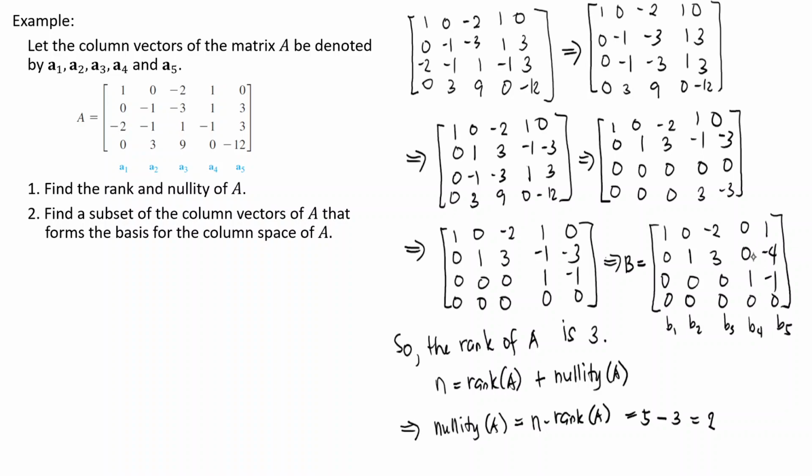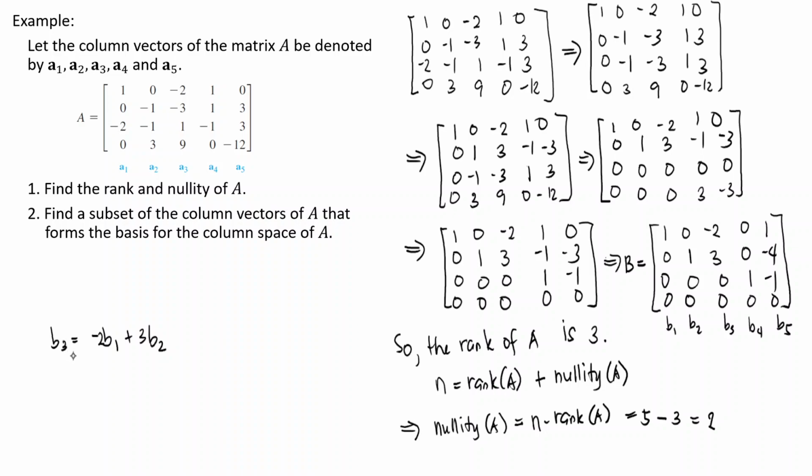The third column, B sub 3, is equal to negative 2 B sub 1 plus 3 B sub 2. So we multiply B sub 1 by negative 2 and B sub 2 by 3, and the sum is equal to B sub 3.